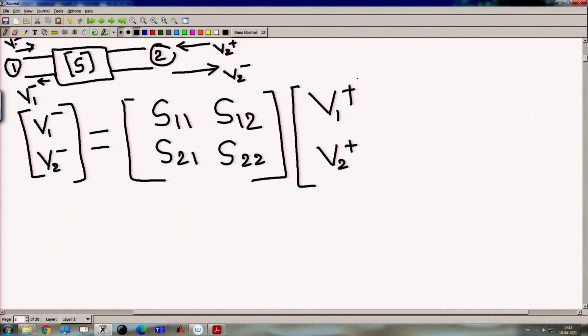This is in matrix format, where the S parameter matrix is 2 cross 2 and the wave vectors are 2 cross 1.